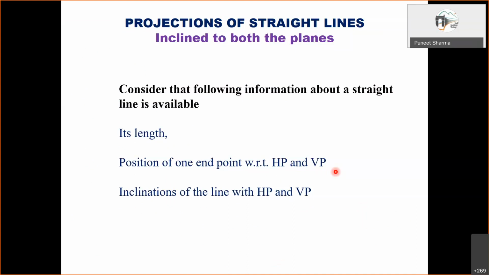Similar pattern. Suppose for one endpoint we have the information, and we know its inclinations with respect to both the reference planes, that is horizontal and vertical planes. So for such a case, now we'll consider how we draw the projections of this straight line.